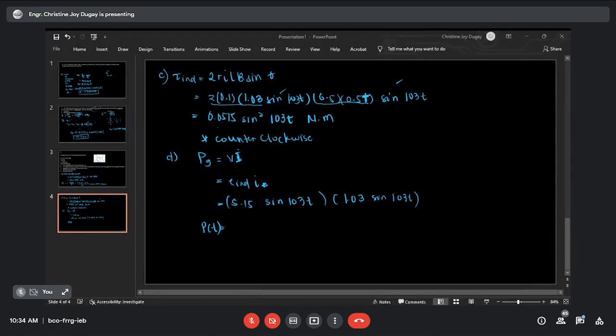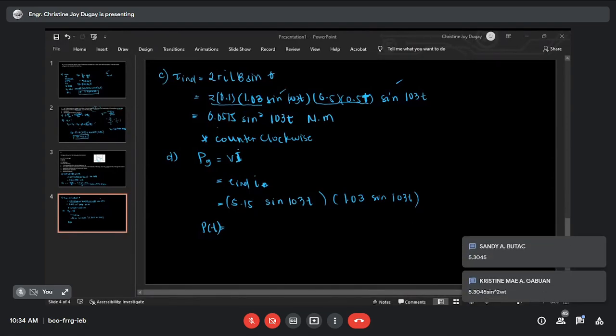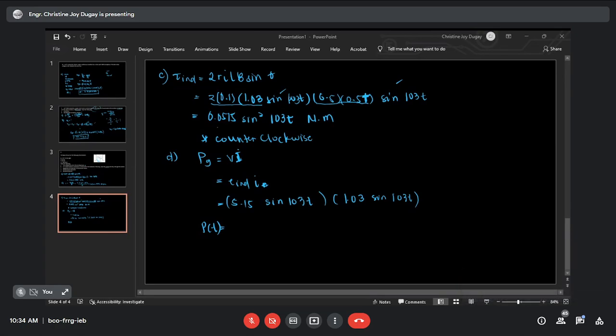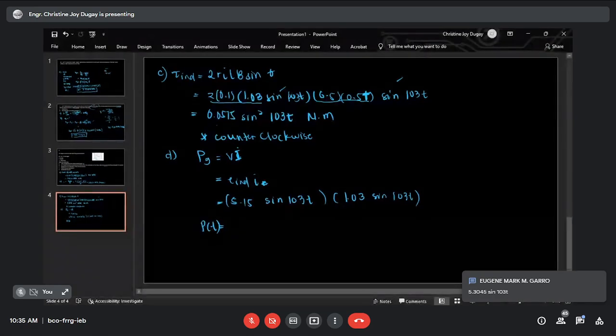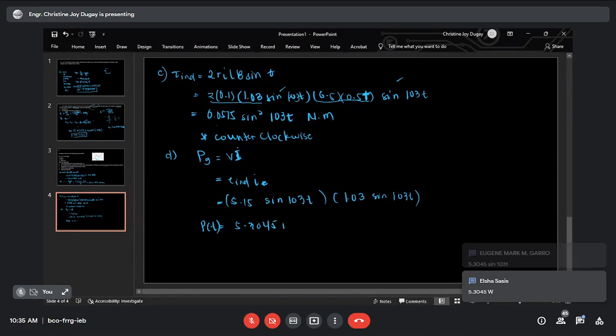So what is now the value of power generated? P generated po natin, that is equal to 5.3045 sine squared 103t.